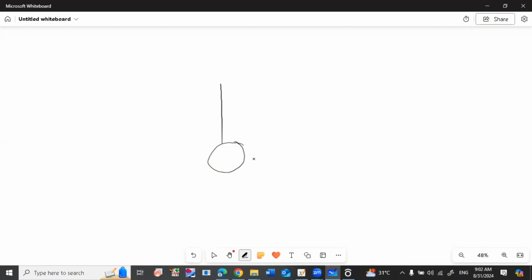If we displace this bob to this direction to be here, this will be point A, which will be the start point of the motion or the movement.